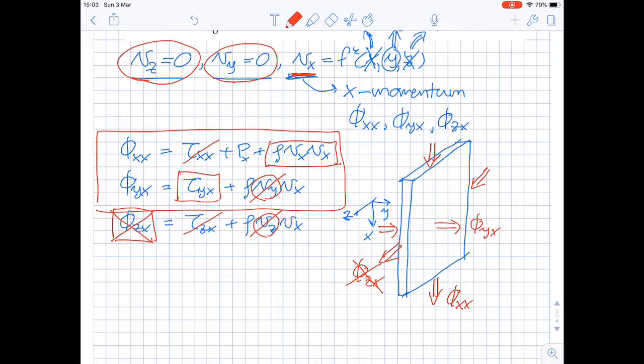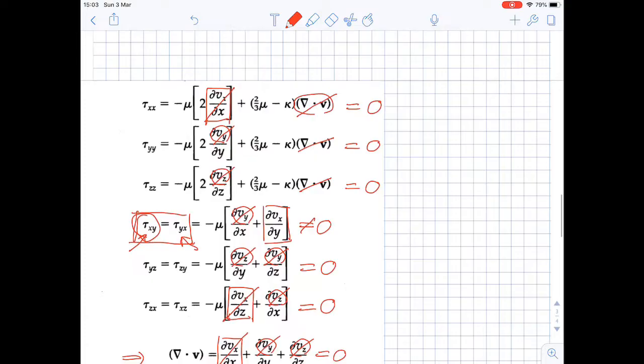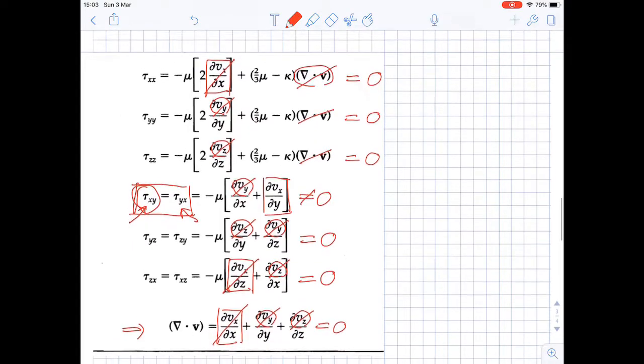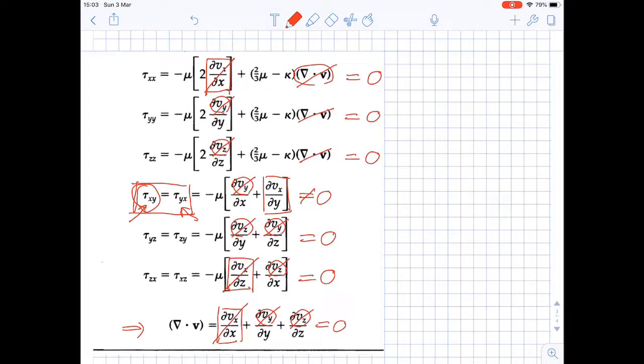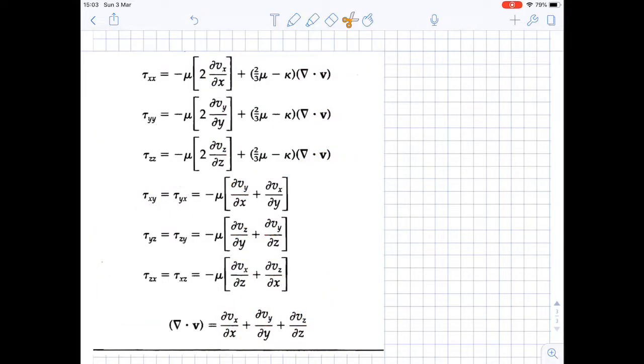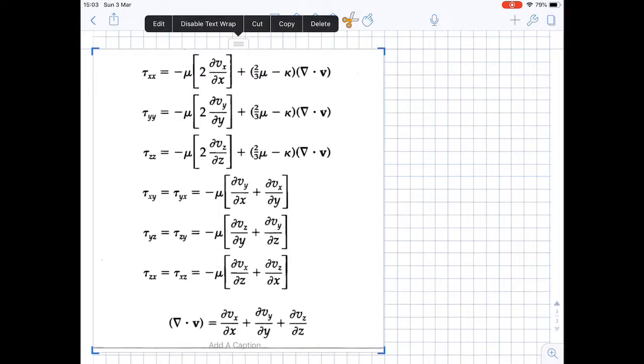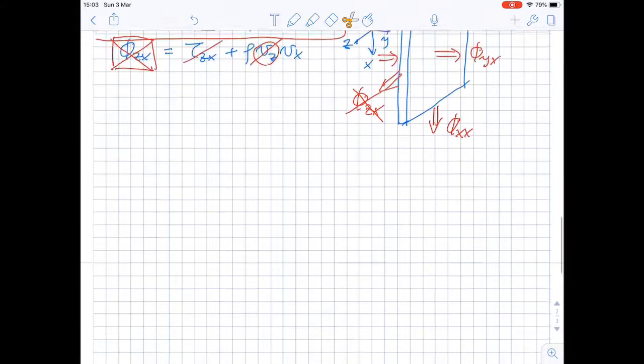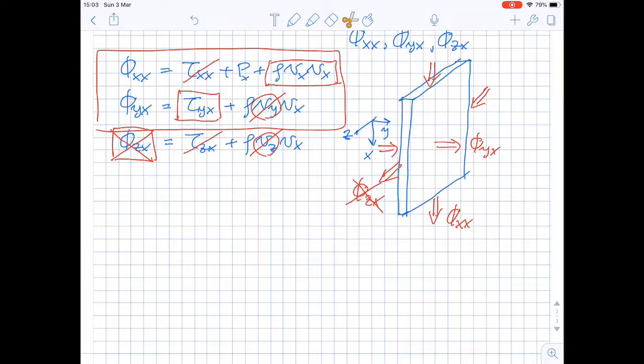Okay, so let us clear this out of the way. Now, it's time to do the momentum balance.